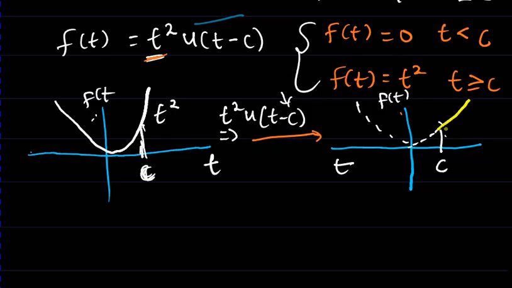So let me use a different color. The only part that is not taken out is this part. Every other part of this graph is eliminated. I hope that is well understood.